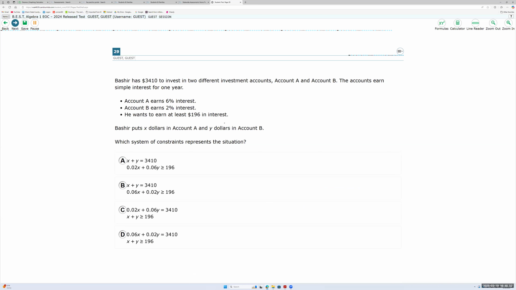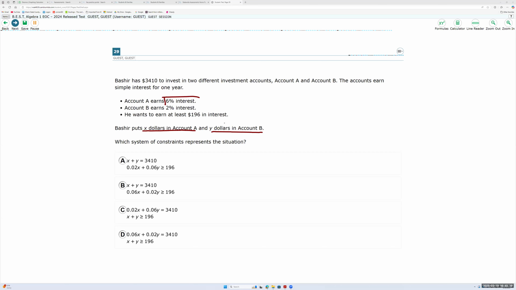Okay, so in this case, we have $3,410 in account A and B. Now, A corresponds to X, and Y corresponds to B. That's good. Okay, so A or X is 6% interest.